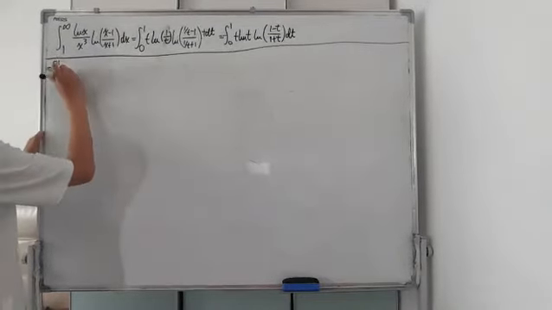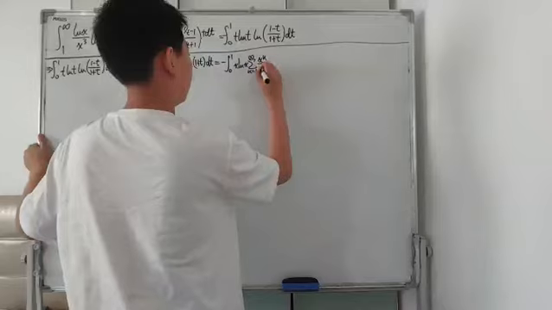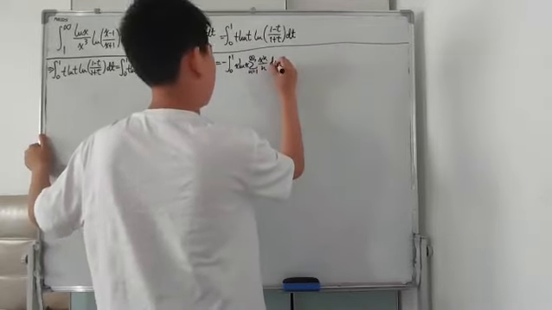So for the first one, we're actually going to use the Taylor series for this. So we're going to have a negative on the outside. We have an integral from 0 to 1 of x natural log x, we're actually going to change this to x, and then we have the sum, n equal to 1 up to infinity of x to the n over n dx.